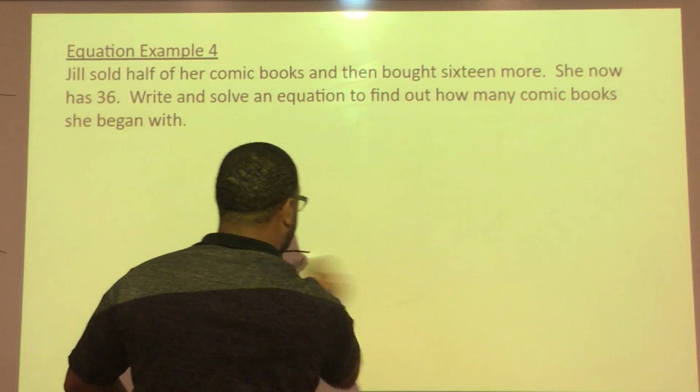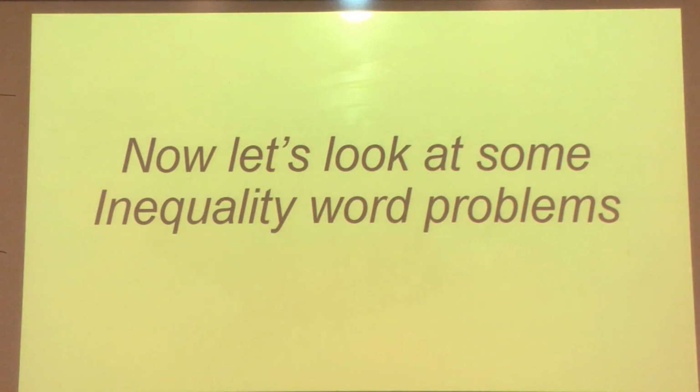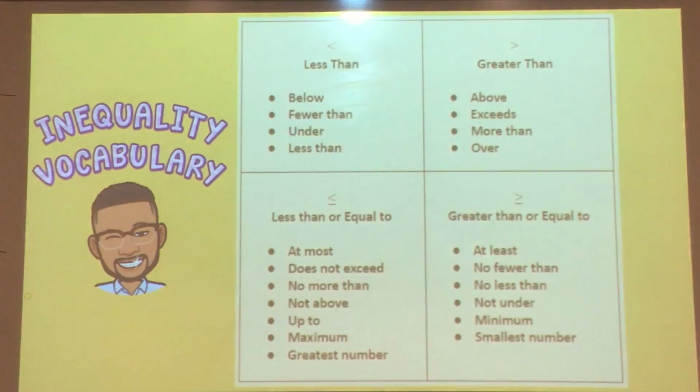So we'll go ahead and jump now to our next section, which is going to be looking at some inequality word problems. And before we do that, it's very important that we look at some vocabulary. With inequalities, you're going to be using the inequality sign.